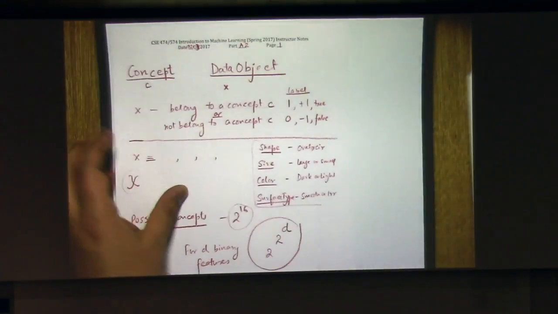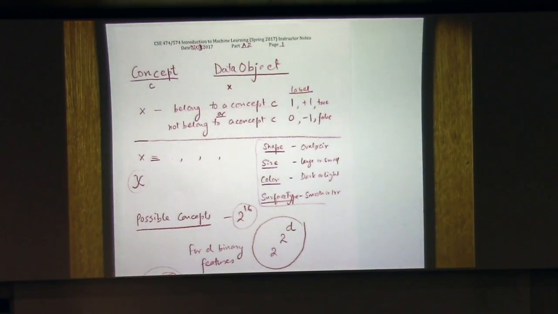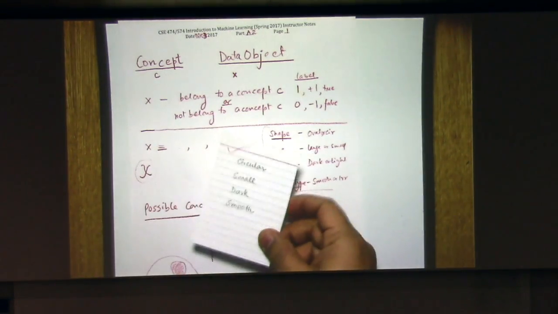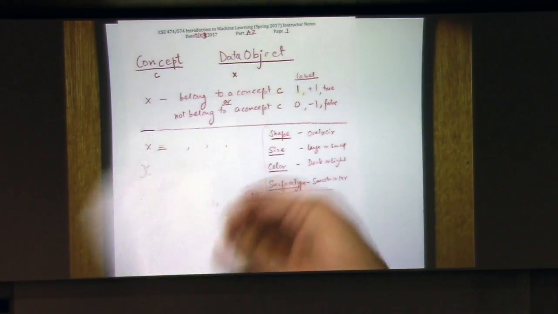Why is that number 2 power 16? Well, as I said, you can think of a concept as a mathematical operation which labels every data object as one of two cases. Either it will say that this object belongs to the concept or it does not.